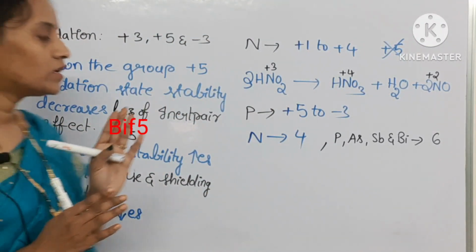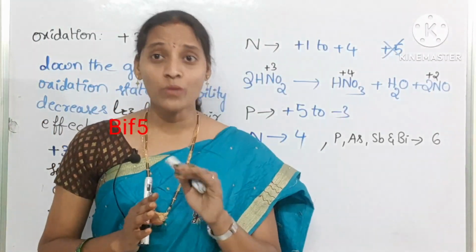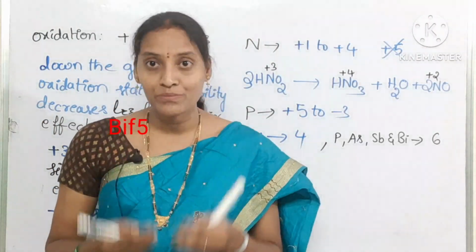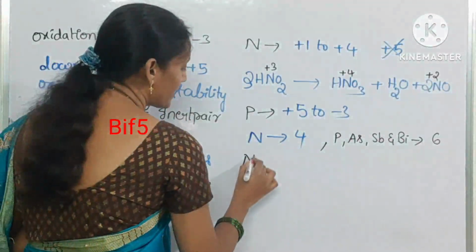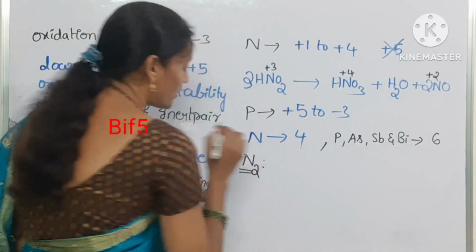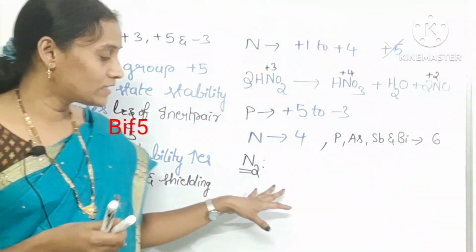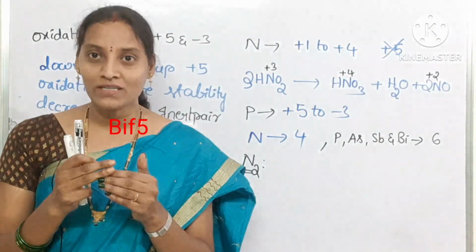Then coming to the anomalous behavior of dinitrogen, the N2 molecule. Why does it show anomalous behavior?